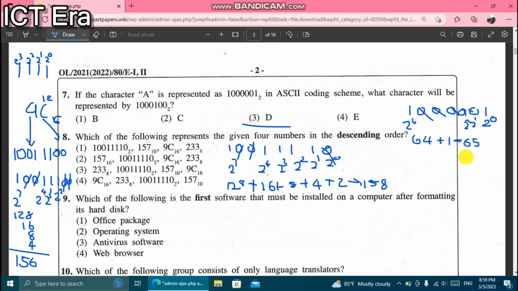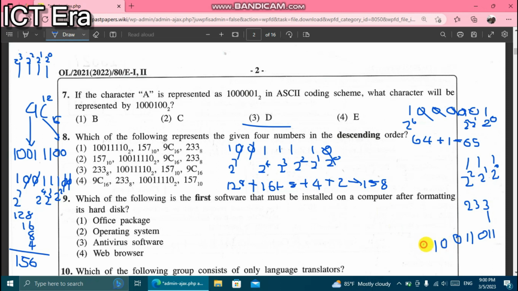Here the easy method is that for this octal number I will use 3 digits. So I will put 3 ones like this, and then write 2 to the power 0, 2 to the power 1 and 2 to the power 2. And then let's consider the number 233. Then the 3, how can I make 3? By adding 2 plus 1. So 0, 1, 1. Here also the same, 1, 1, 0. Then how can I make 2?